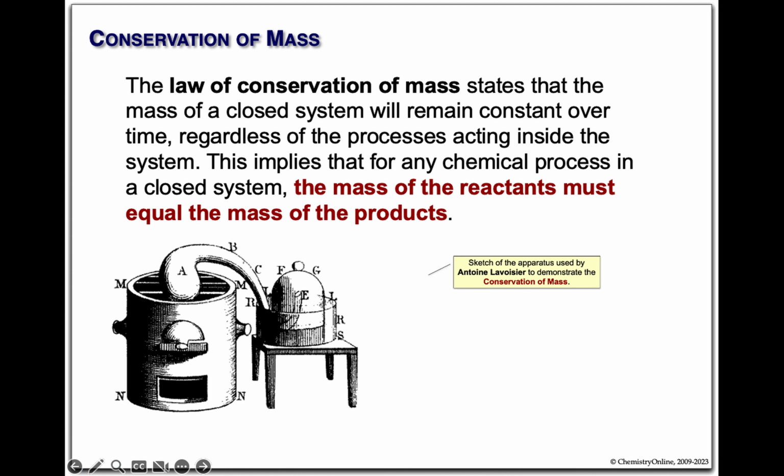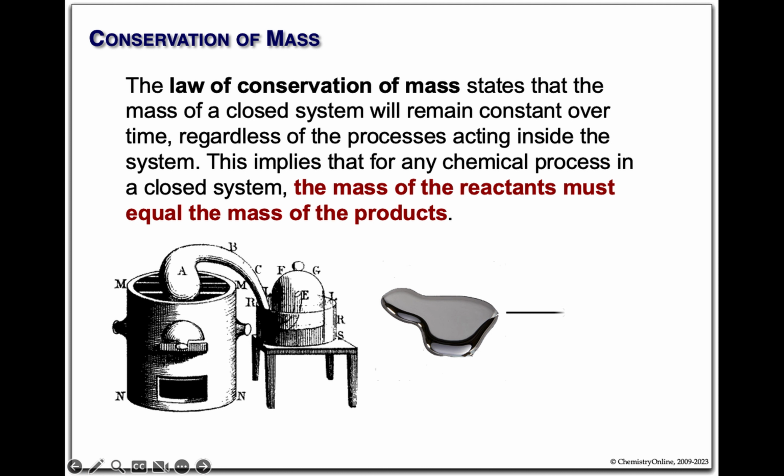What he did was he took mercury. If you heat mercury and oxygen, you get mercury 2 oxide. If you then take your mercury oxide, heat it up again, you can go back and make mercury. Drive the oxygen off.